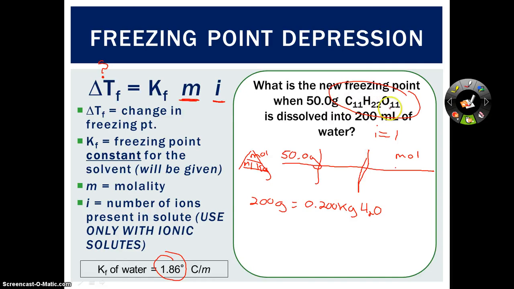Okay, so I have kilograms now of water, and I need moles of my solute, which is, actually, this is table sugar. So, sucrose. I have 11 carbons, 22 hydrogens, and 11 oxygens.